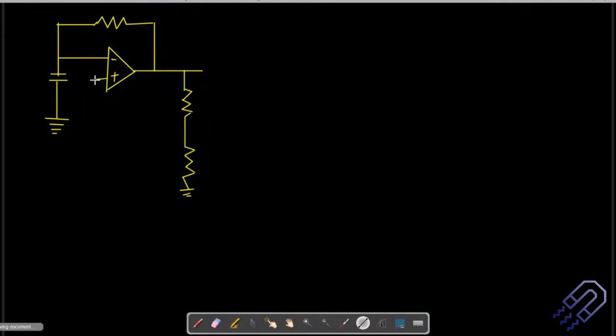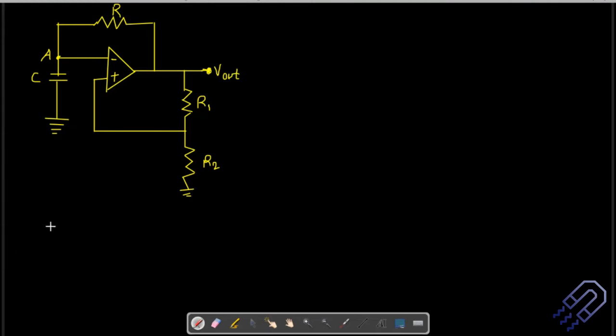This is the non-inverting terminal. And then we have this. Let's label this point as E. This is your capacitor, and this is your feedback resistor, but I'll just write it down as R. Then this is R1, this is R2, and this is V out.